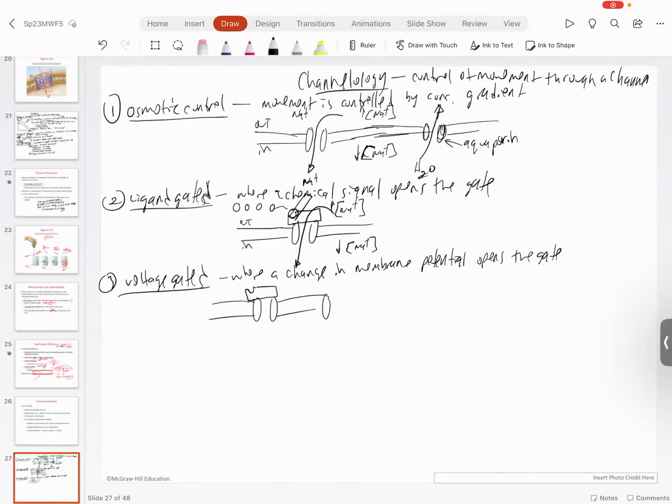And then we'll hook it up to a voltage gate. Maybe a couple. So first of all, it's the same system, so I want to keep the same system. So you've got high sodium on the outside, low sodium on the inside.